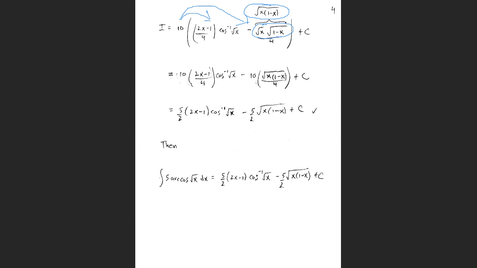And in the end, of course, 10 over 4 is equal to 10 fourths, which simplifies to 5 halves. And the same here, 10 fourths simplifies to 5 halves. And we're there. We don't forget our constant of integration, of course.